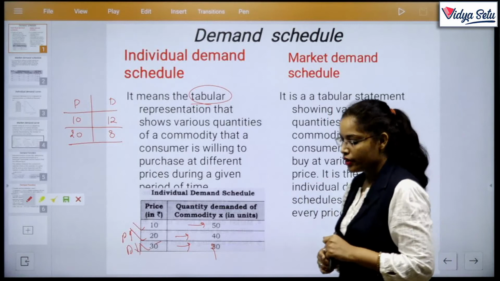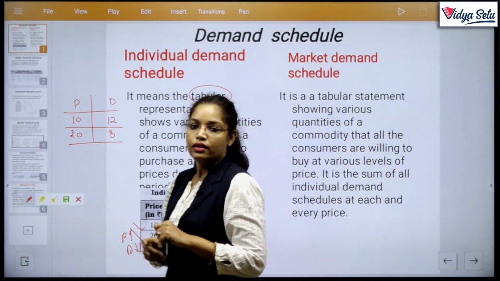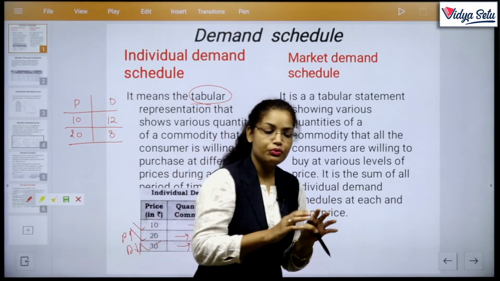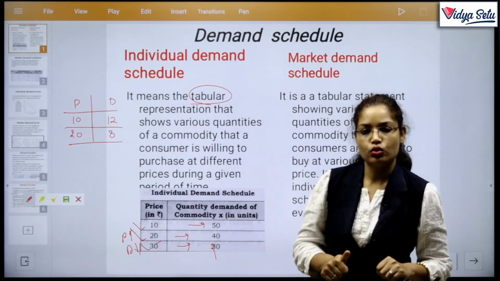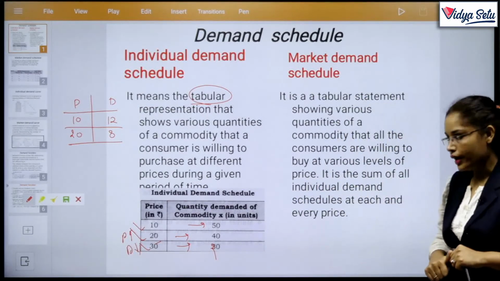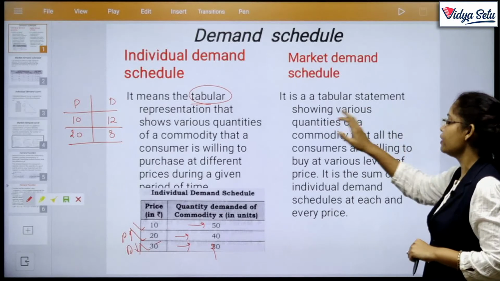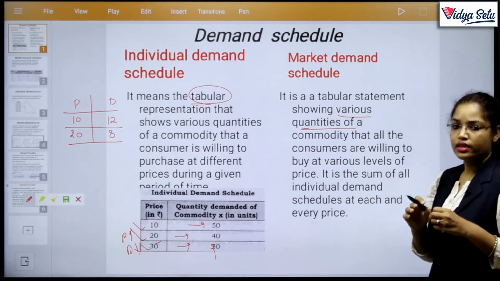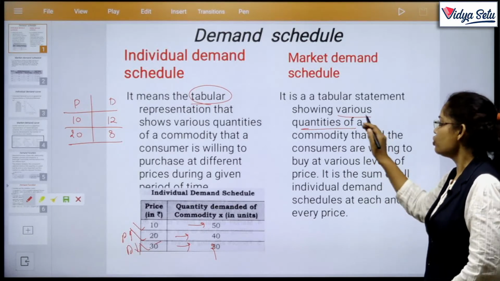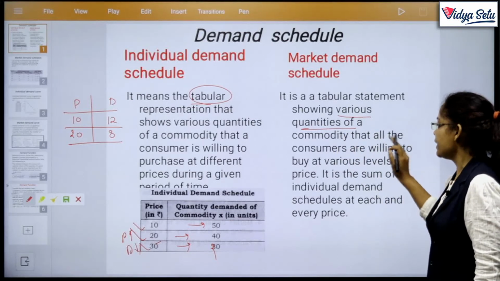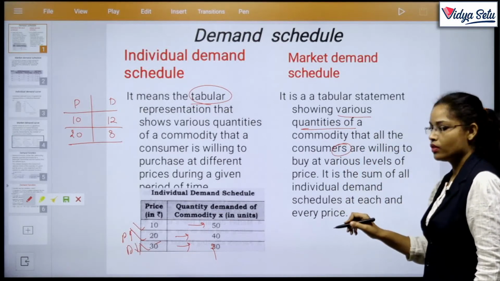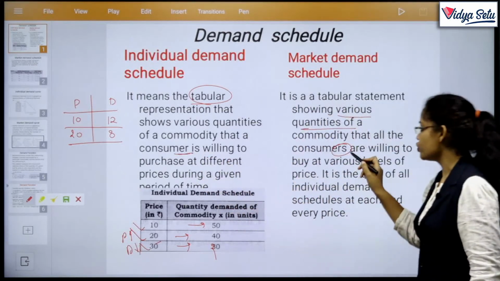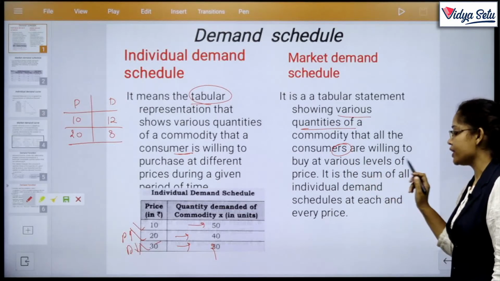What is a market demand schedule? When we collectively draw a table of various consumers' demand, then it is called a market demand schedule. It is a tabular statement showing various quantities of a commodity that all the consumers, not a single consumer, are willing to buy at various levels of price.